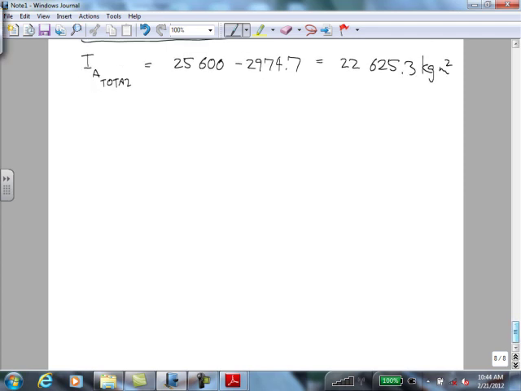And then after we finish this example, we're going to get back to the rotational version of Newton's second law. And once we do that, we're going to be able to do all sorts of rotational kinetic problems. Okay, that's it.